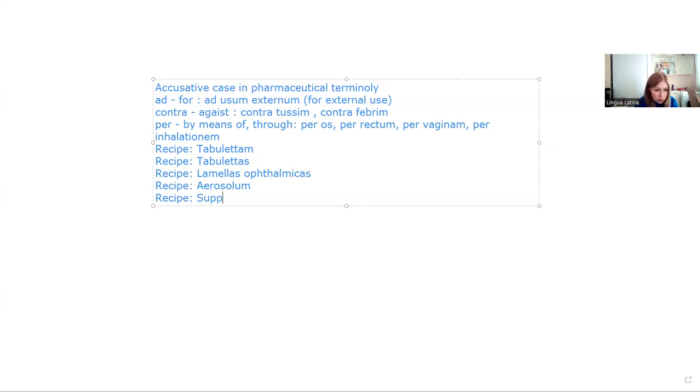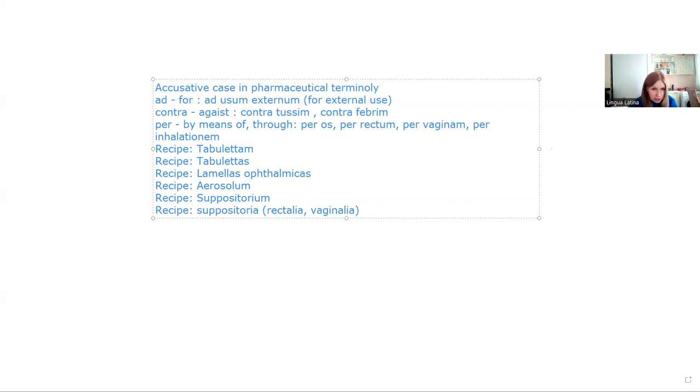Recipe suppositorium, and plural, recipe suppositoria. And adjectives, we can use, rectal suppositories. It will be suppositoria rectalia, or vaginal, vaginalia.